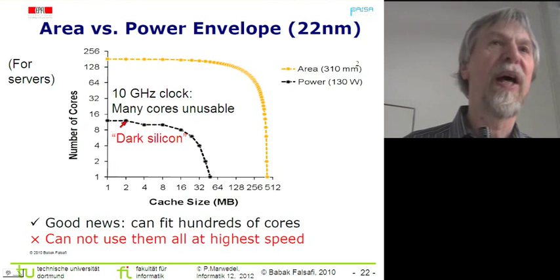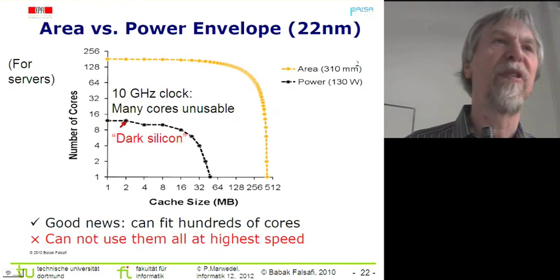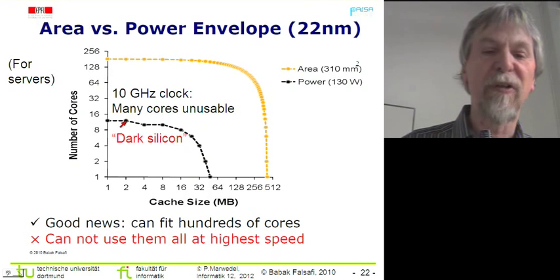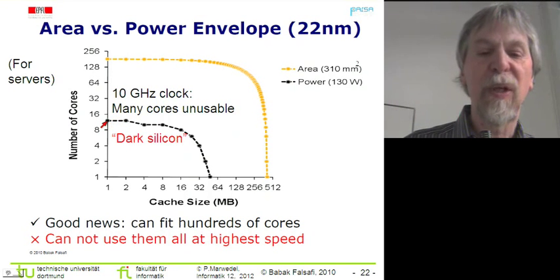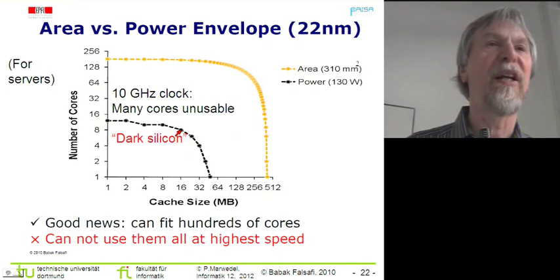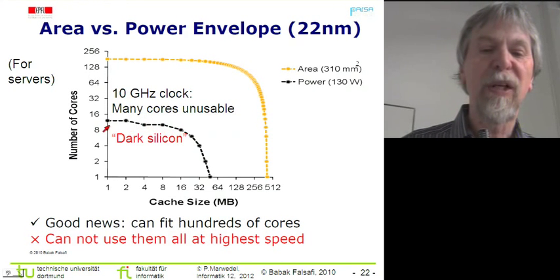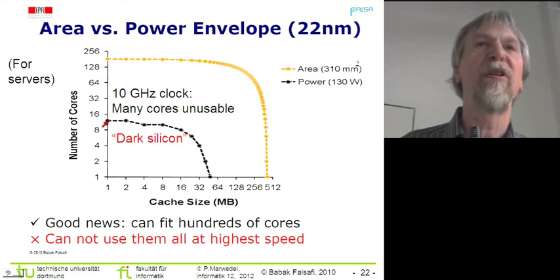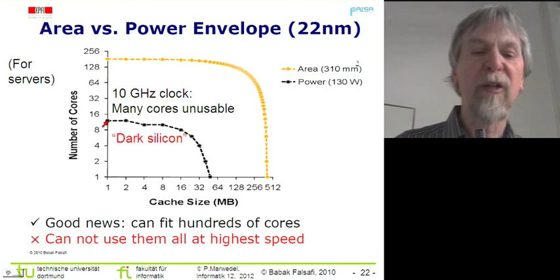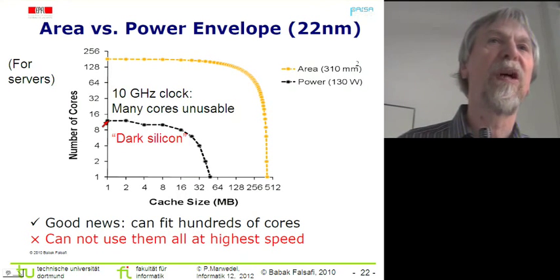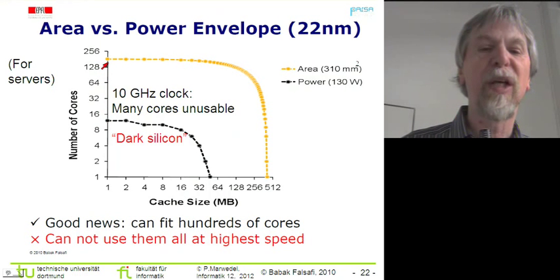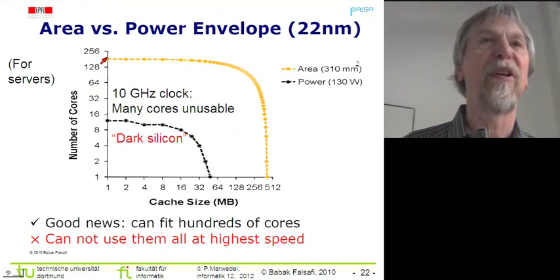If we would apply the maximum clock frequency that is predicted for these processes, we would be constrained by this black line down here, which means that for systems having only small caches, we can power up only 10 to 12 processors, even though there may be about 200 processors on the chip.